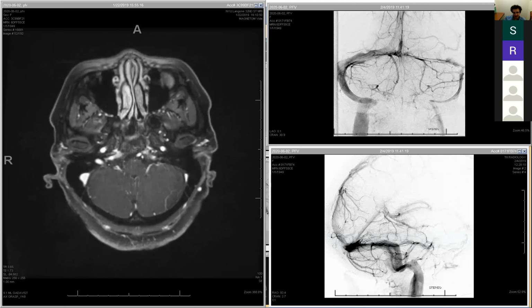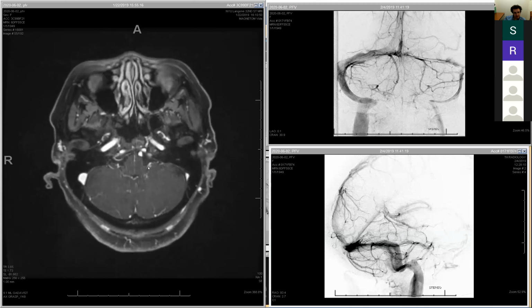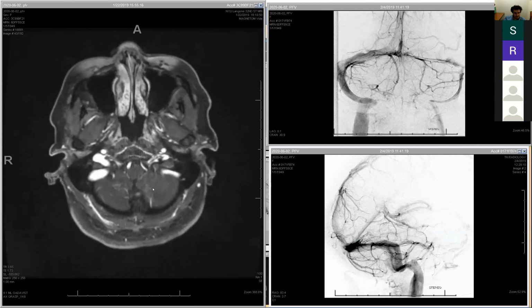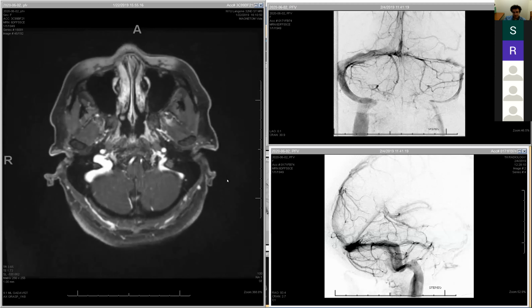These veins are right there, and you're tracing them coming up to the petrosal group. Posteriorly, you see these inferior cerebellar veins. Now, if you go from below, you look at these two things. You see how the right one is a little bit closer to the midline, the left one is like that.